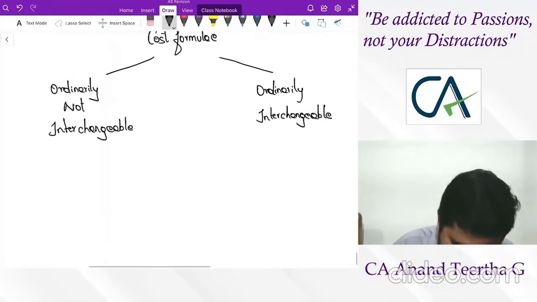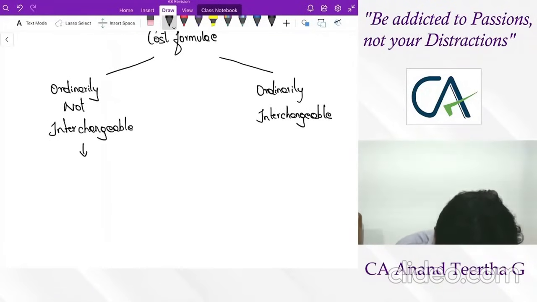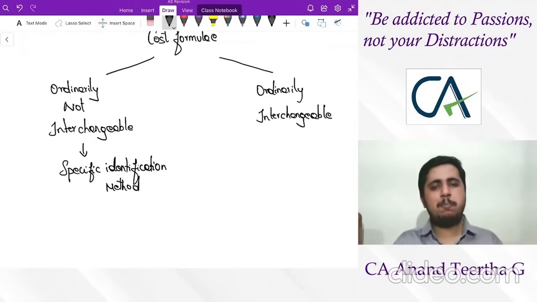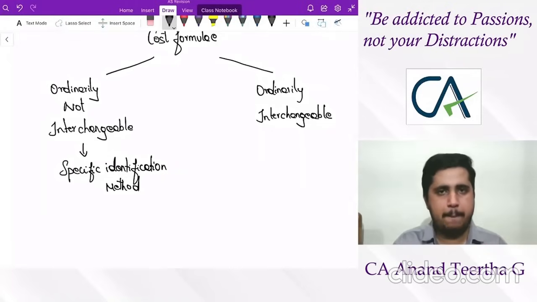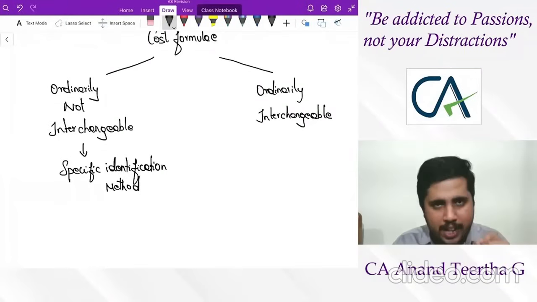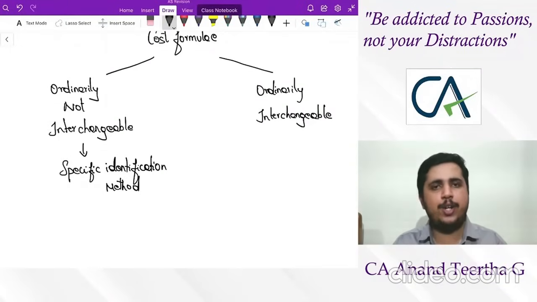If it is ordinarily not interchangeable, we apply the specific identification method. Now, what is this method going to tell us? It tells us to specifically identify the individual value of stock and put it up in your stock sheet.